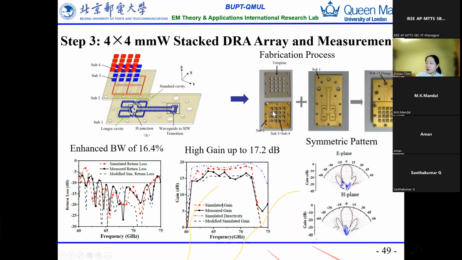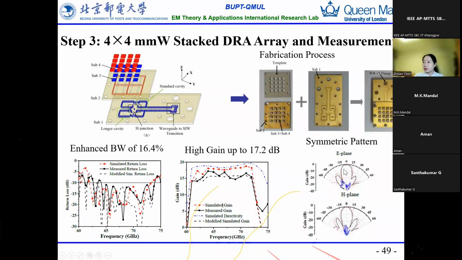To locate or align the DRA, we use this template like here. The measured results have some problems, because we believe the position or the fabrication of this 3D configuration is not very accurate, so there is a drop of a few dB from the simulated result.